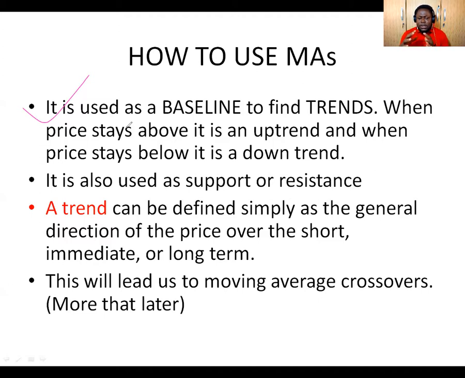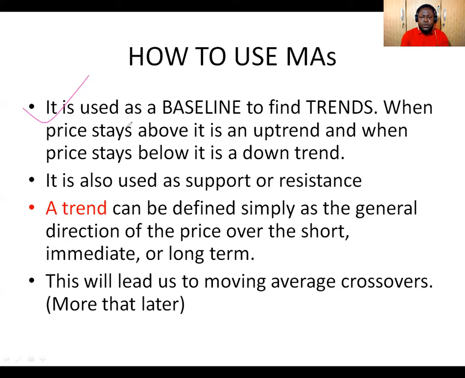So the general direction of a market, whether the market is trending up or down or sideways, whether for a short period of time or immediate, not short and not long, or for a long period of time.